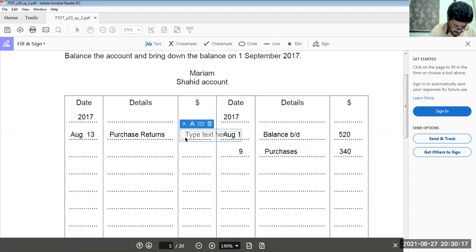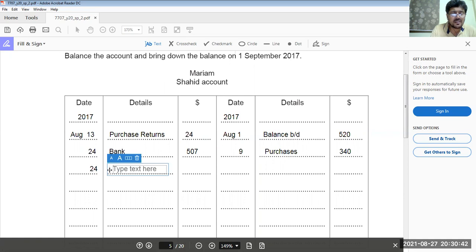Amount is 24. We have paid to Shahid by bank, by check or bank, whatever you call, 507. And on the same date, we have discount received, $13.